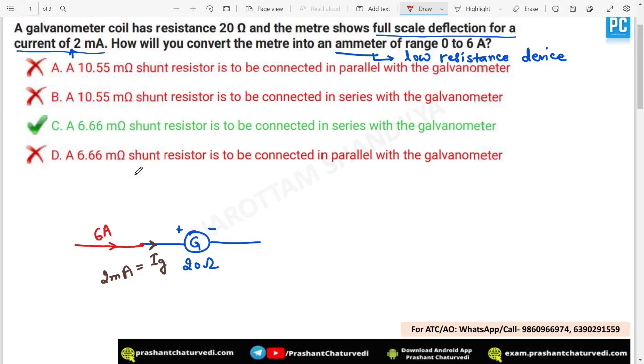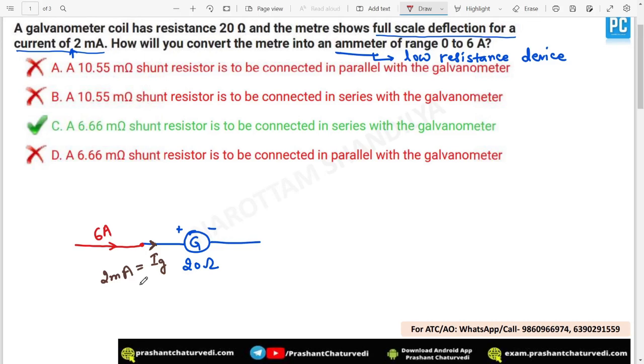So if 6 ampere is there and I connect a shunt resistance in series, the current will remain the same in both galvanometer and shunt resistance. But this galvanometer has full scale deflection for a current of 2 milliampere only, and this 6 ampere is much larger than that.